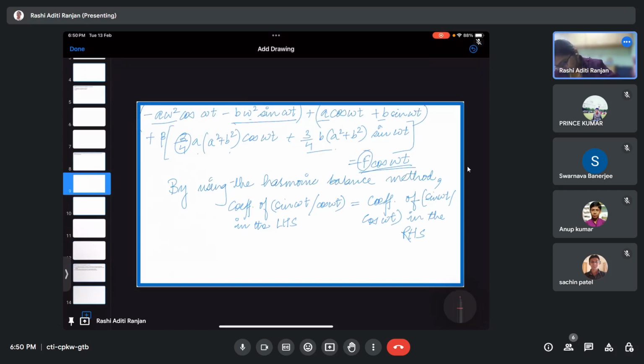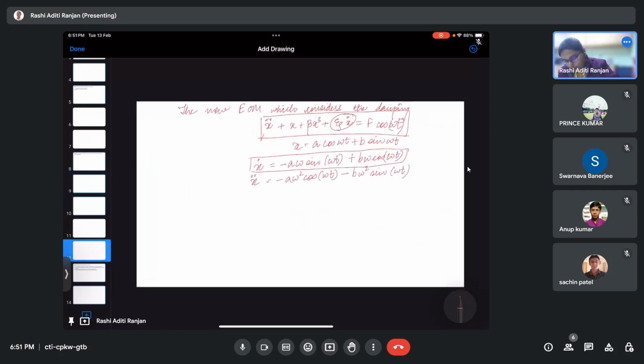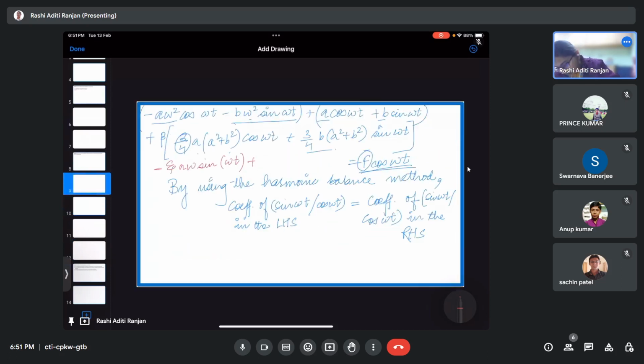Here it will be minus epsilon a omega sine of omega t, and coming to the second one, which is plus b omega cos of omega t, here I'll have plus epsilon b omega cos of omega t, and this will be equal to this. This is the only difference that is going to take place, isn't it? Any doubts?